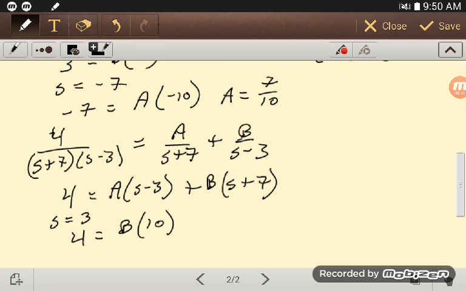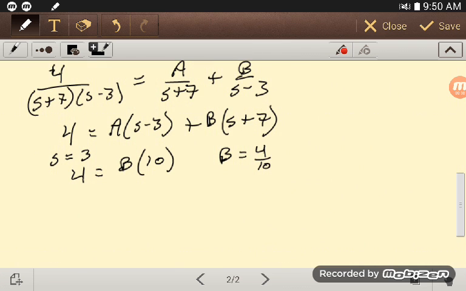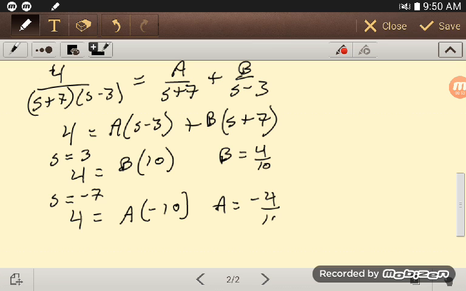So here I have b equals 4/10. And if I let s equal negative 7, I get 4 equals a times negative 10. So a equals negative 4/10.